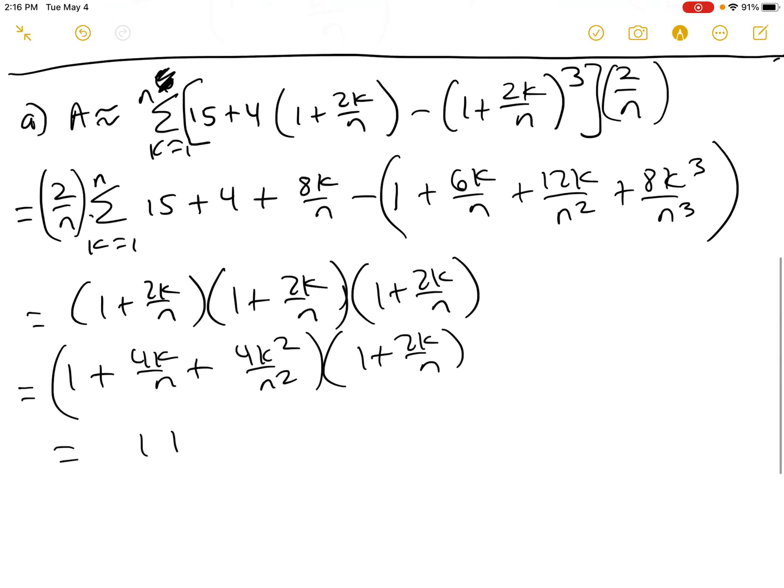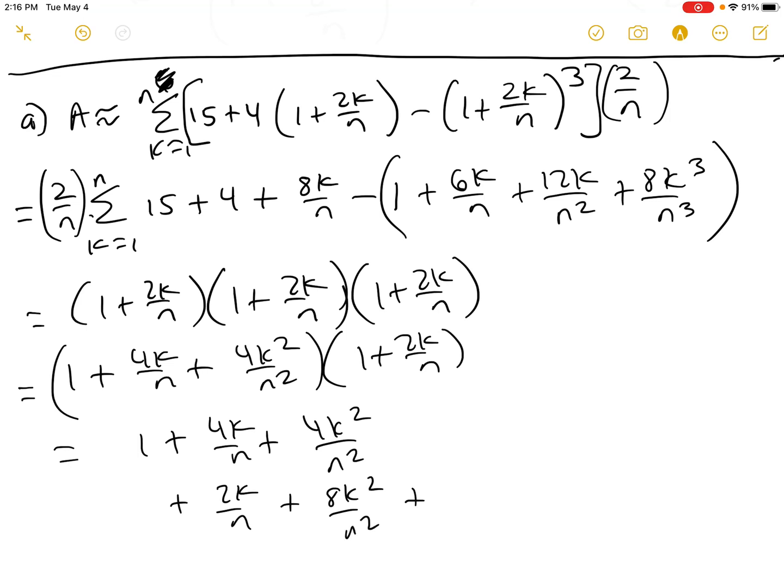Expanding, this is 1 plus 4k over n plus 4k squared over n squared plus 2k over n plus 8k squared over n squared plus 8k cubed over n cubed.